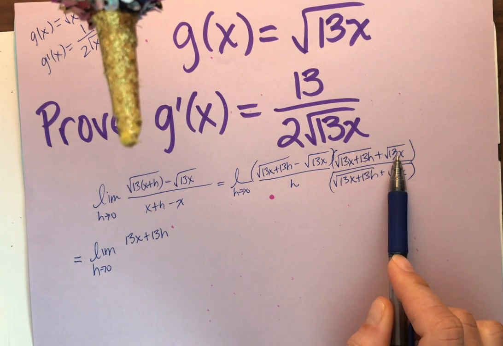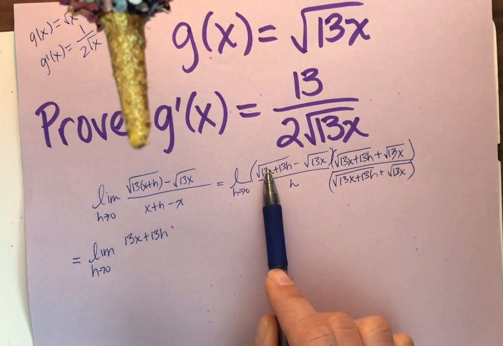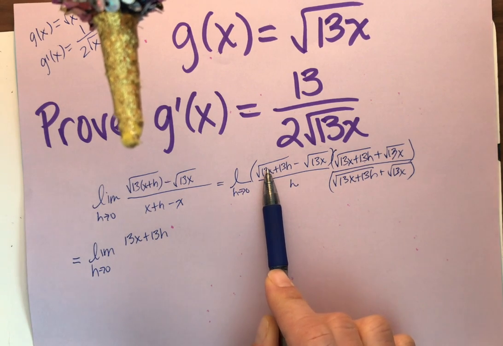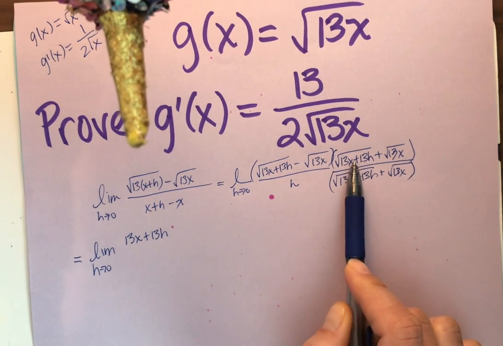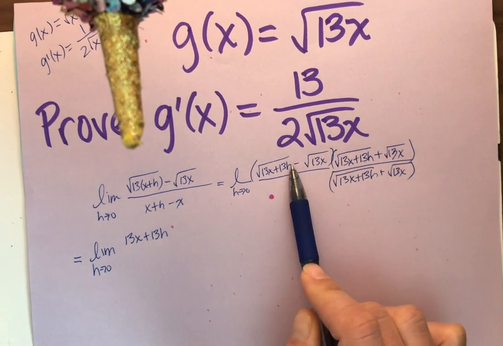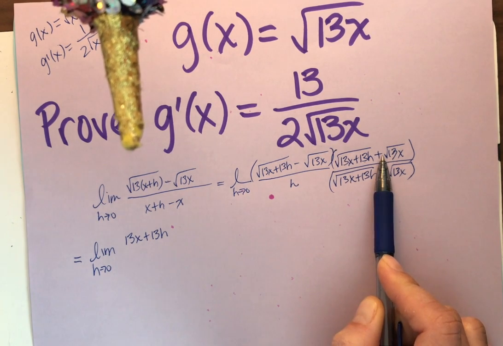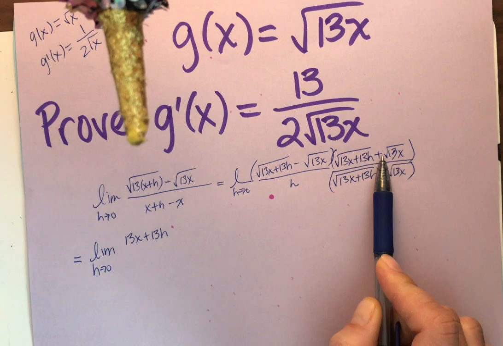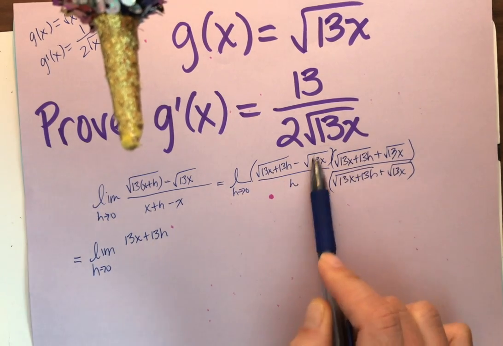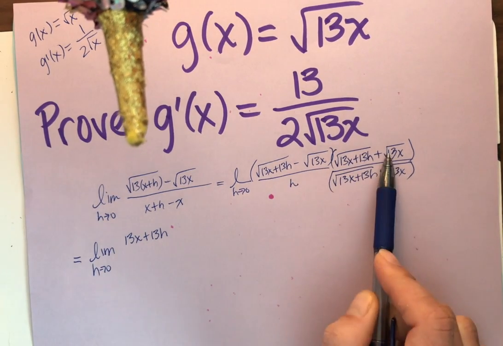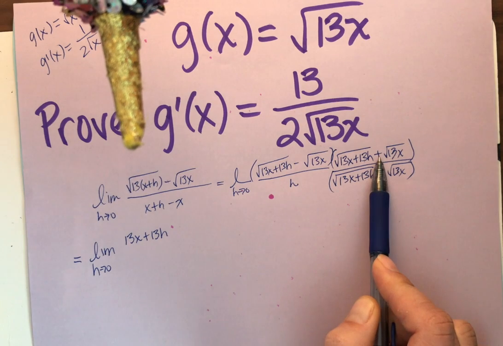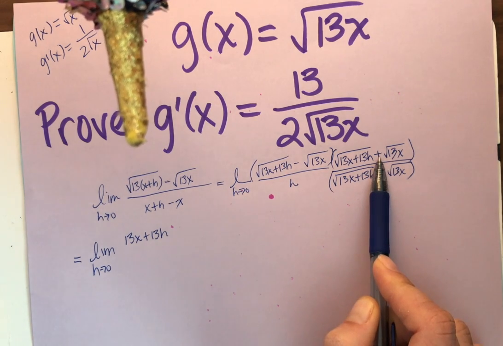Now, the square root of 13x times this guy, then notice I have the square root of 13x times this guy, and given that they're opposite signs, this is where this move is pretty awesome because the middle terms are going to cancel out. So I don't have to worry about multiplying this by this, these two terms, because they're both the same term with opposite signs, so they will knock each other out.